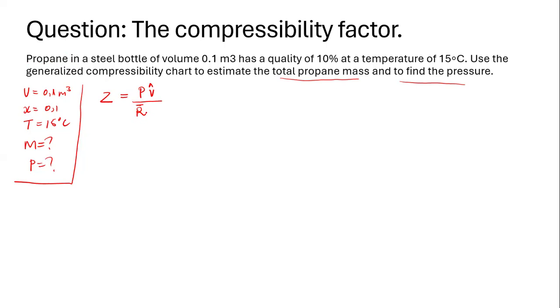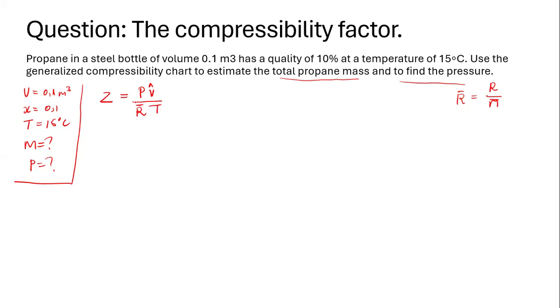It's not the R that we know, the constant ideal one. It is actually the one that is divided by molar mass. It's given by the constant divided by the molecular weight, okay? And then multiplied by the temperature.